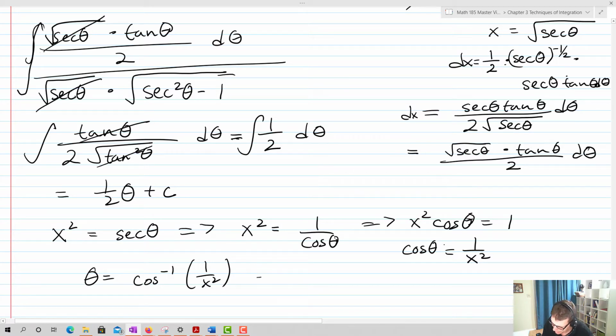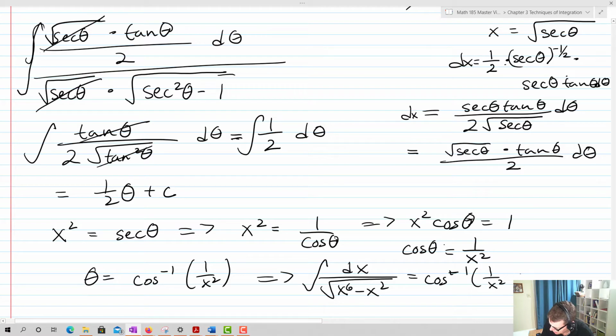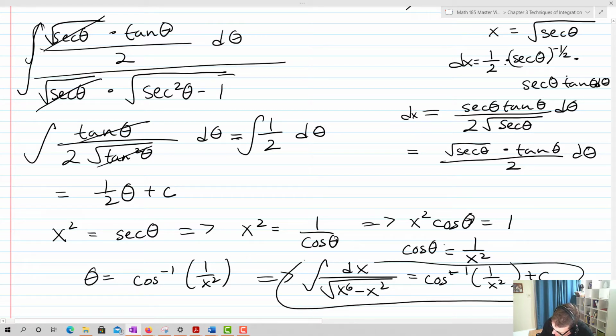When I plug that back in, the integral that I had before, the integral of dx over the square root of x to the 6th minus x squared, is going to equal cosine inverse of 1 over x squared plus c. And that is my integral.